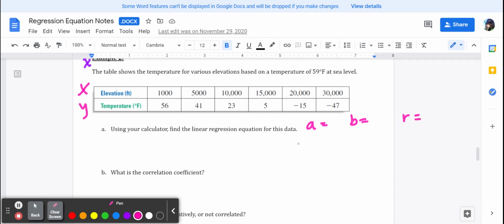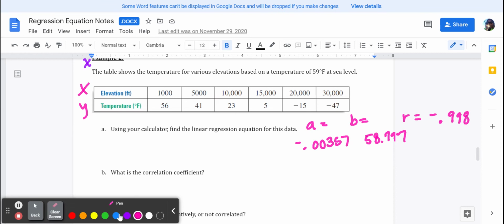So as we're working through this, I get A to be negative 0.00357 and B to equal positive 58.797. While I'm here, the R value in this case will be negative 0.998.